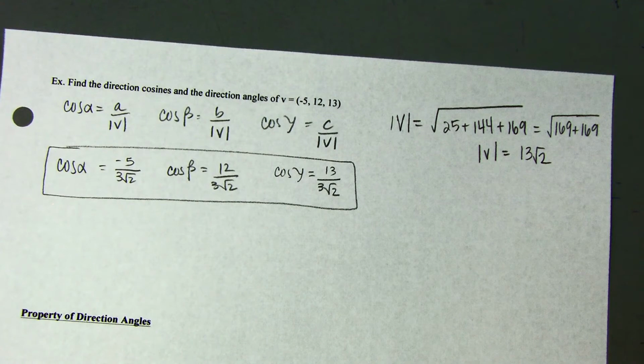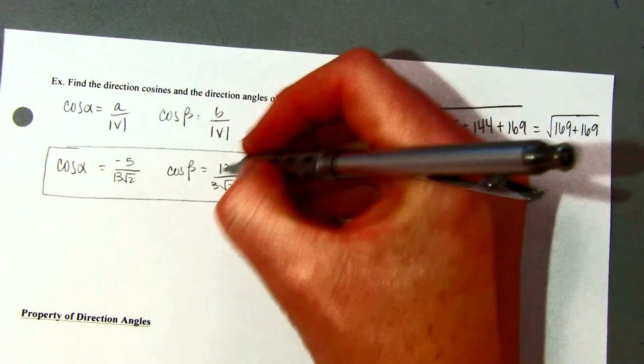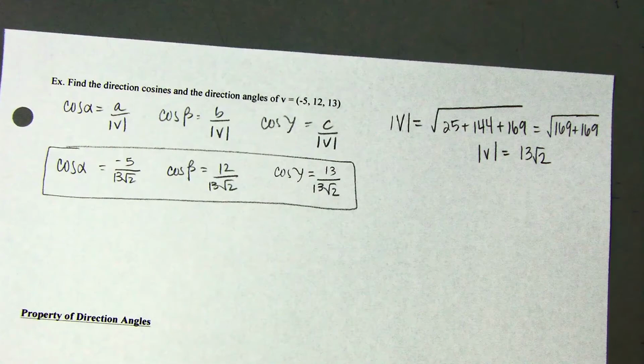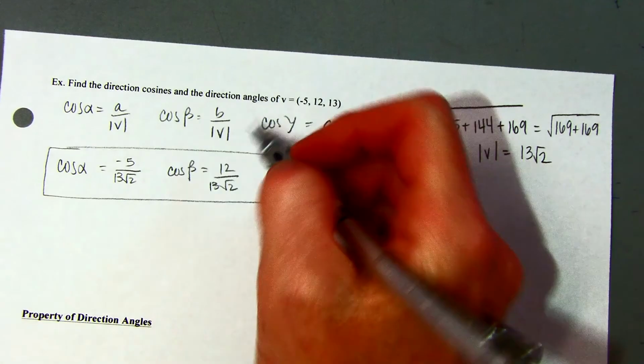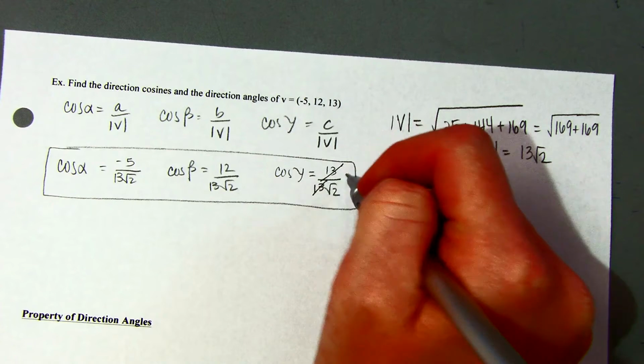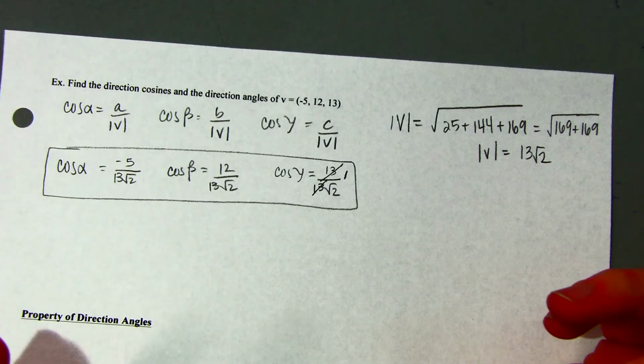Thank you, it is 13 root 2. And you can reduce these. This one for sure, 1 over root 2. You can leave the root in the bottom, or you can rationalize.